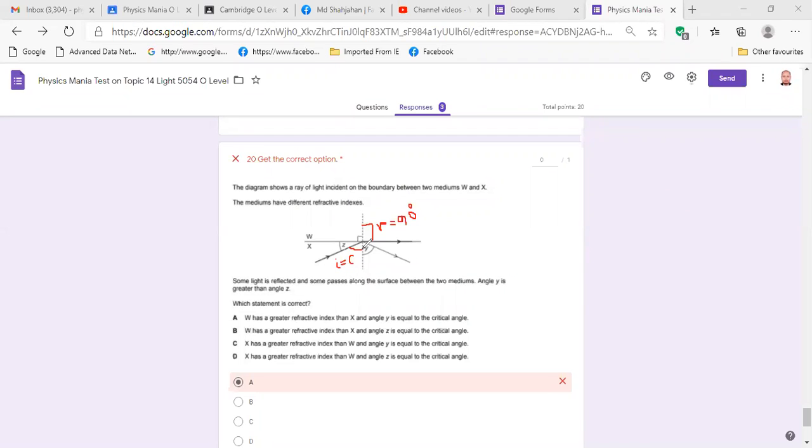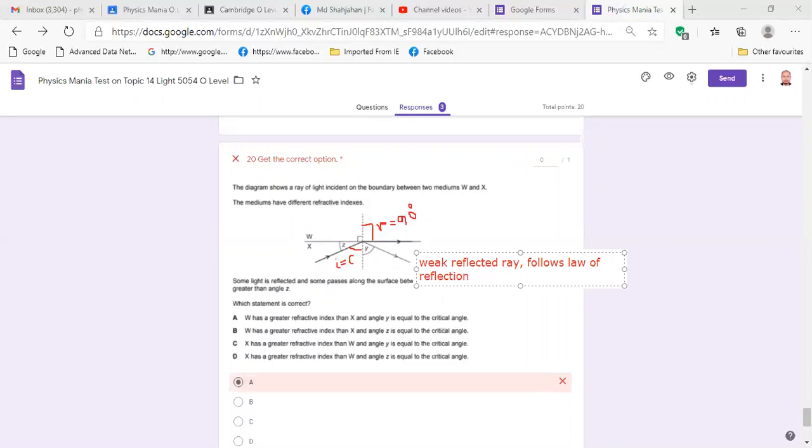The weak reflected ray follows the law of reflection.